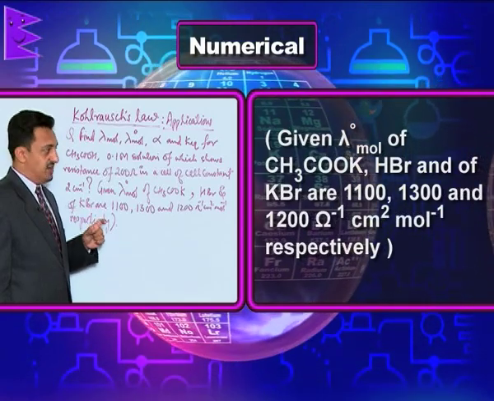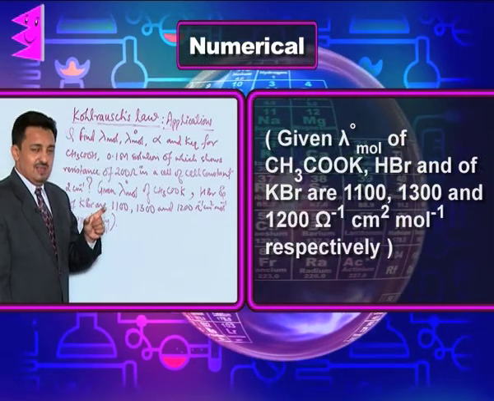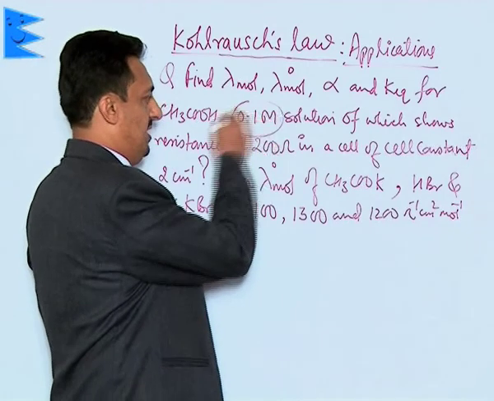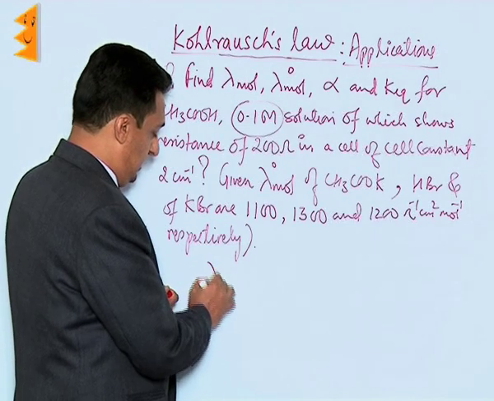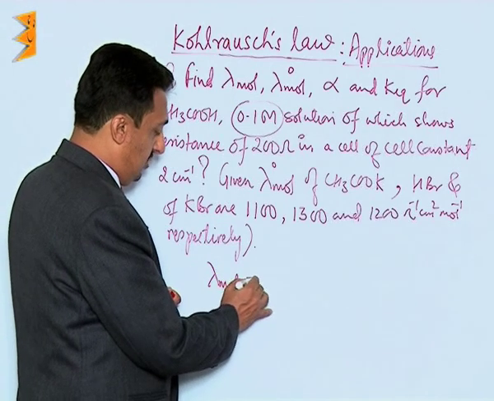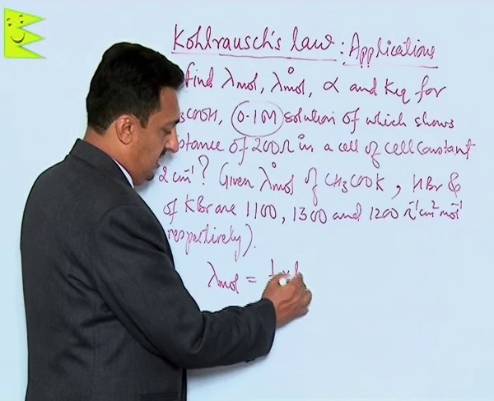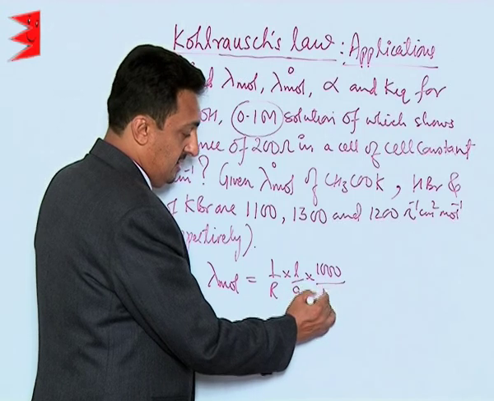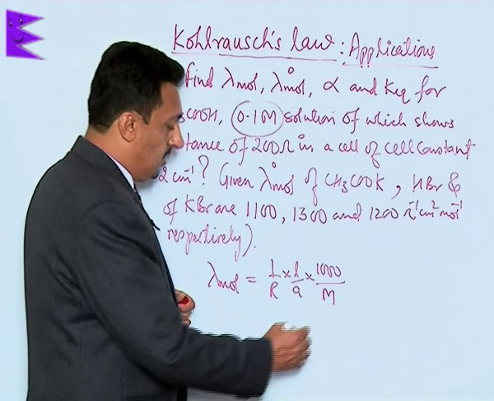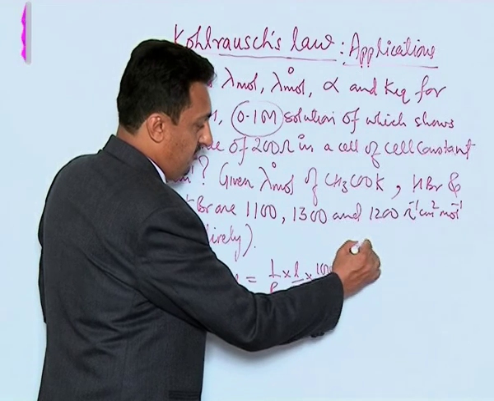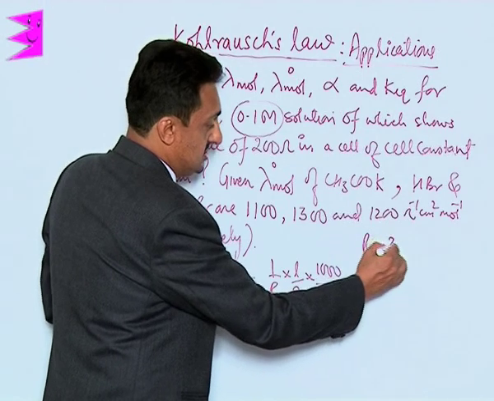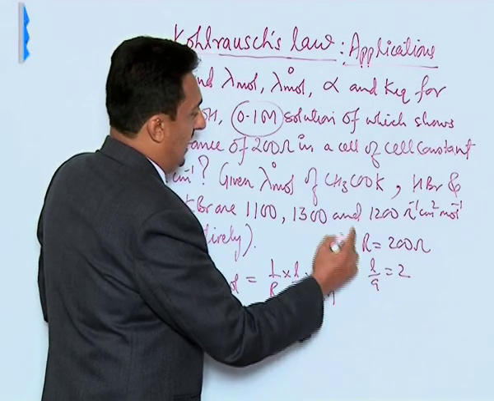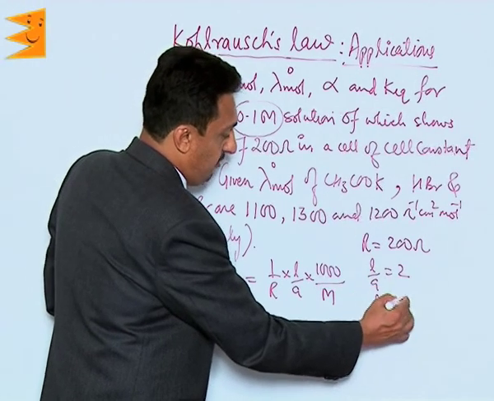So, we first have to find out the molar conductivity at the concentration of 0.1 molar. We know the formula: the molar conductivity is 1 by R into cell constant into 1000 upon the molarity. The resistance of the solution is 200 ohms, the cell constant is 2, and the molarity is 0.1.